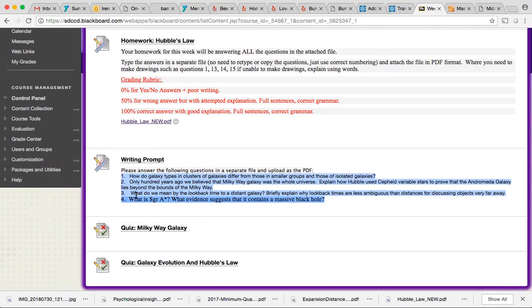Look back time and distance to a galaxy. Well, anytime we look at distant galaxies, that light takes time to get to us. That means that we're looking at the galaxy way back when that light was emitted. When you talk to astronomers who study galaxies that are really, really far away, nobody will quote a distance, because the distance is meaningless.